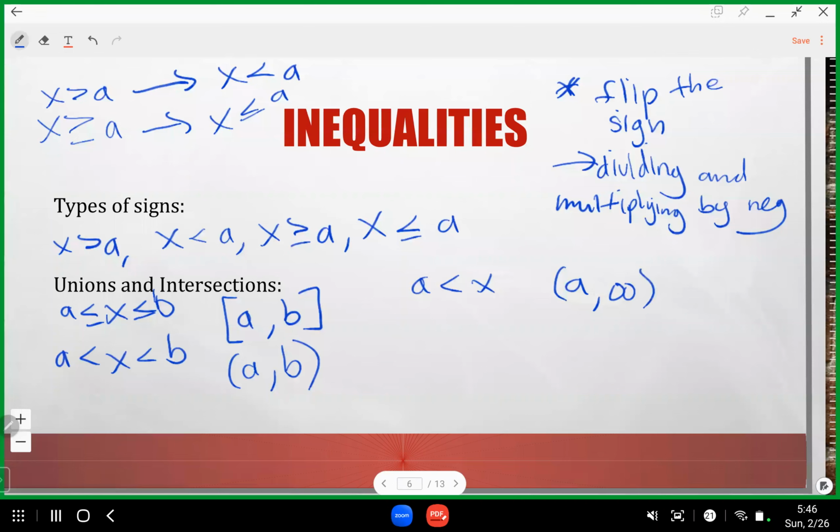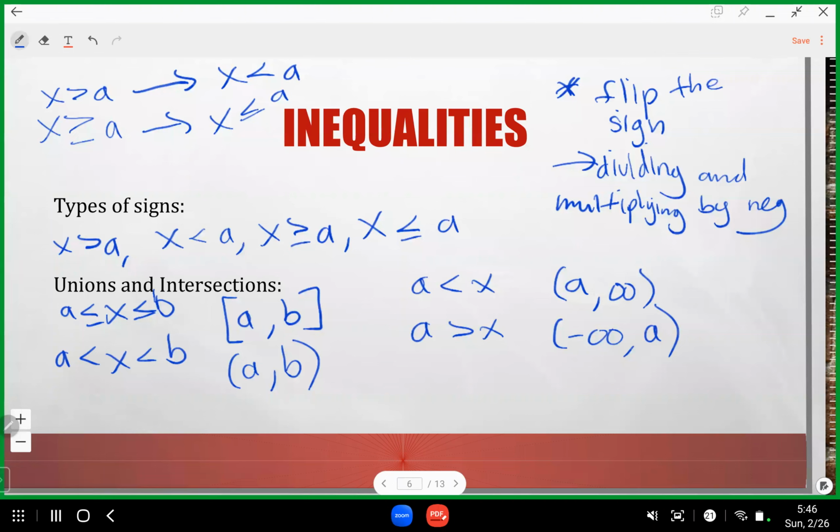So it's going to be A to infinity, and you might want to notice that infinity has a round bracket. That's because infinity is not really tangible yet, right? So that's why we use round parentheses when we have infinity. So similarly, when X is less than A, then you have negative infinity and A.